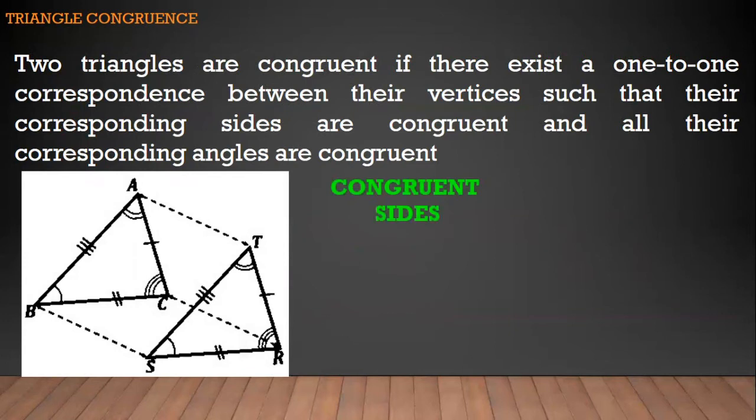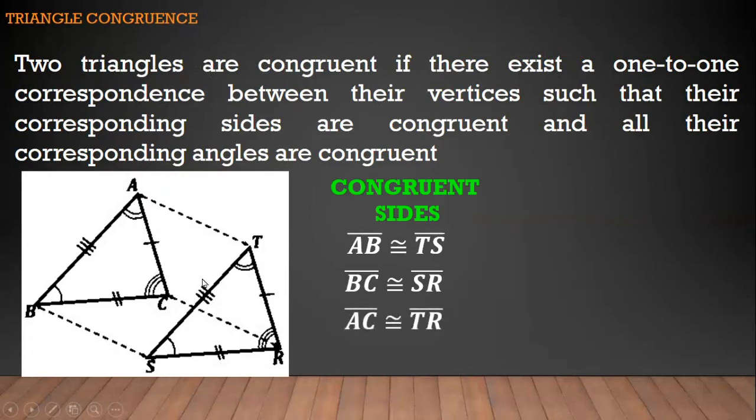Okay, congruent sides. So let's list the congruent sides. First, we have AB is congruent to segment TS. Next, segment BC is congruent to segment SR. Next is segment AC is congruent to segment TR.